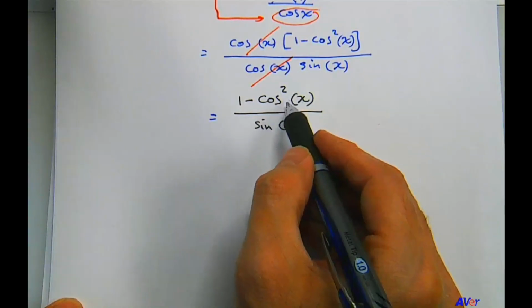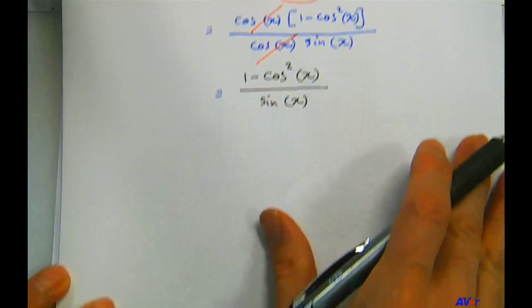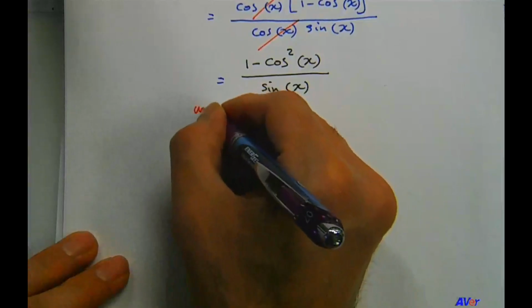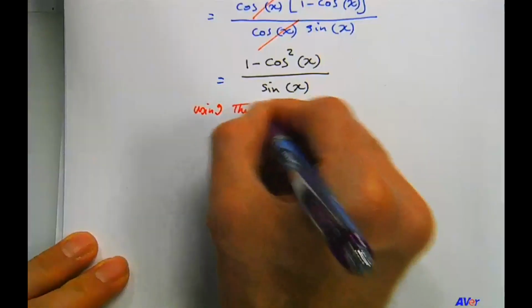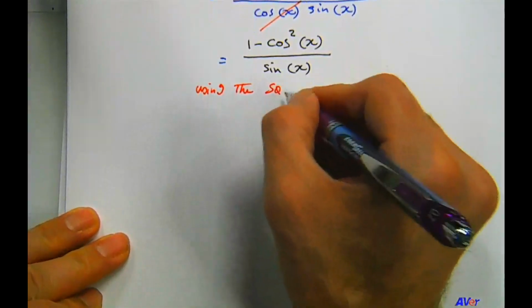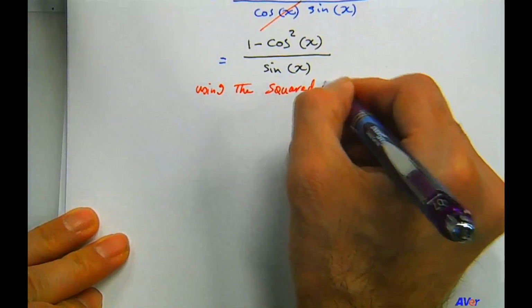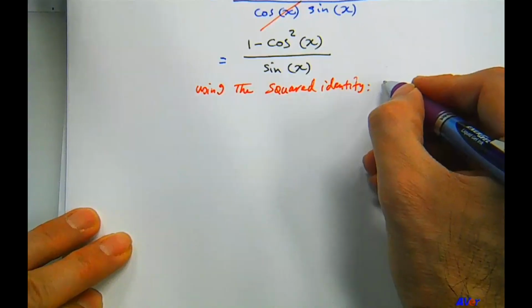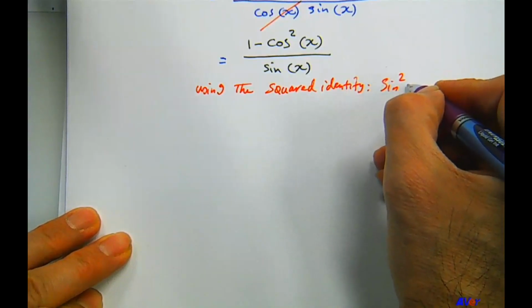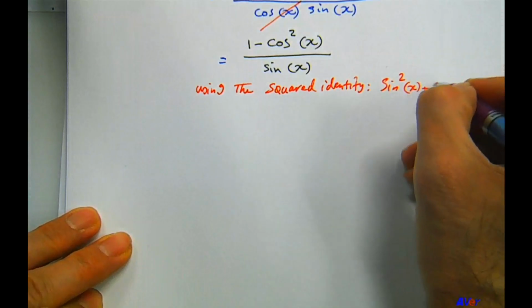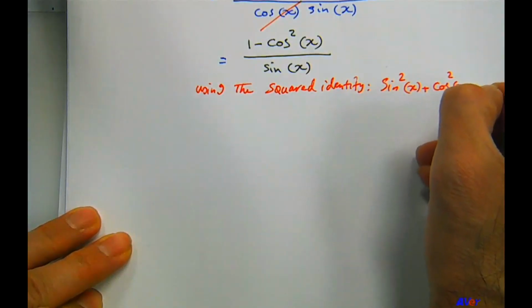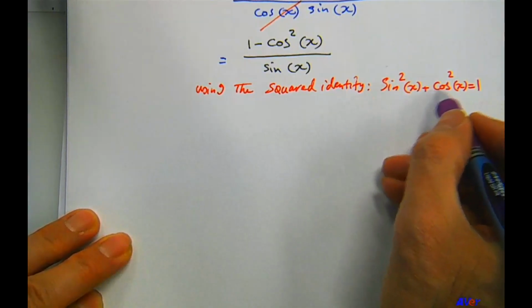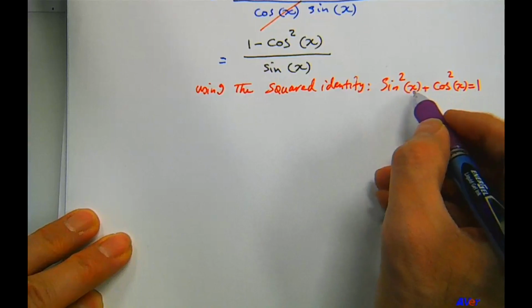But from using the squared identities, right? So using the squared identity that sine squared of x plus cosine squared of x equals 1, let's algebraically move things around.